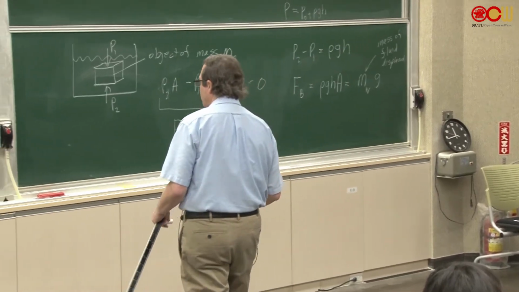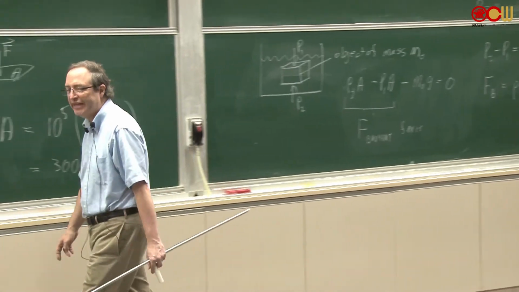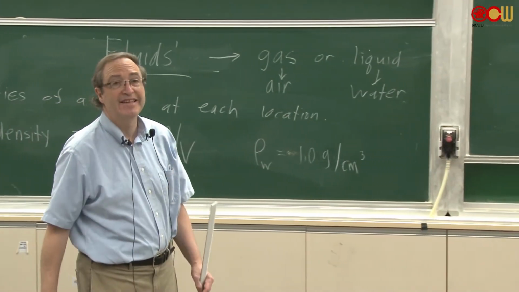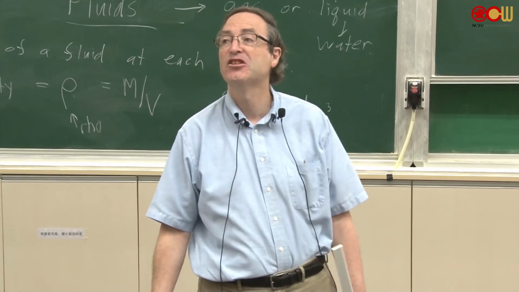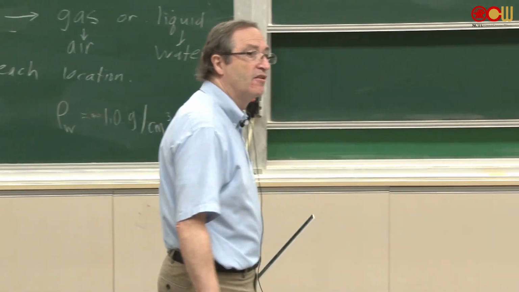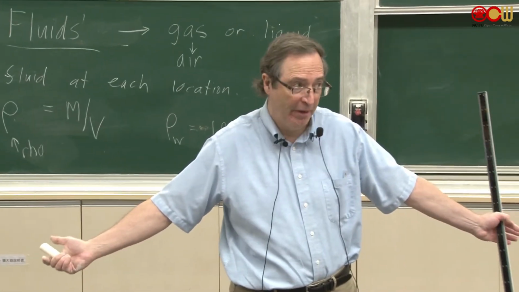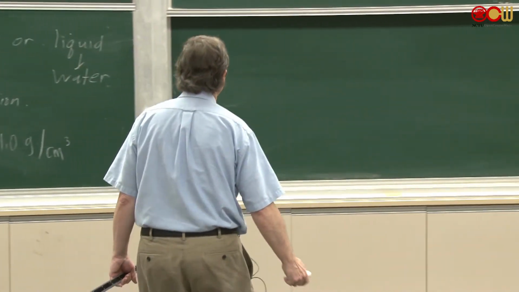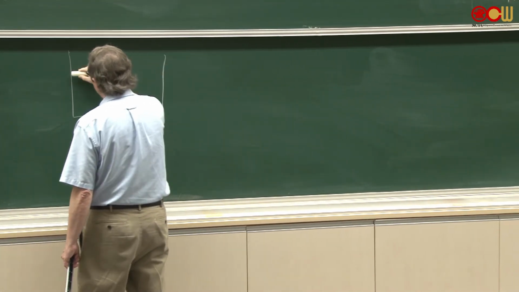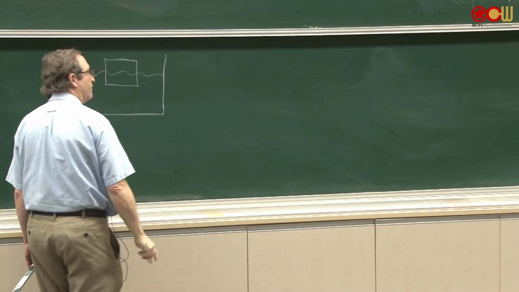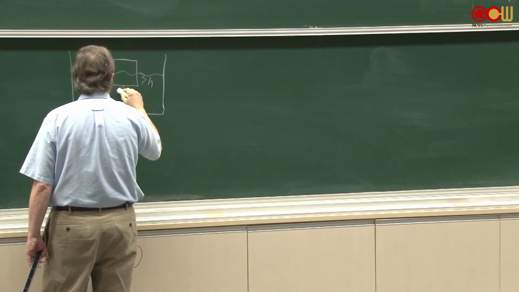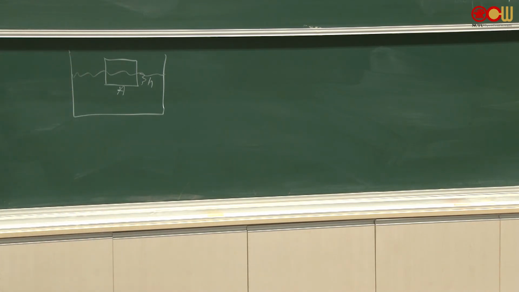Now there's one little tricky part here, and that is, what if the object is not fully submerged? Which is what happens for a ship. So what if we have an object like this, and we have a depth h here, we have an area there? What happens then?